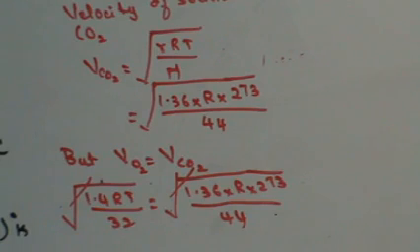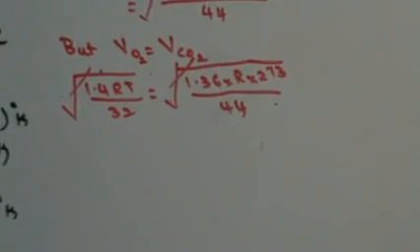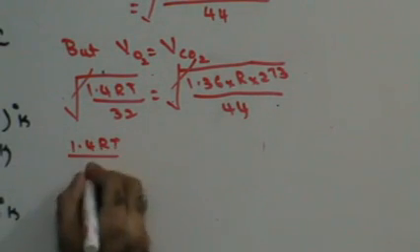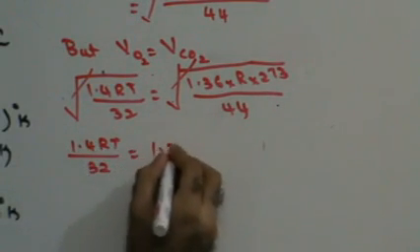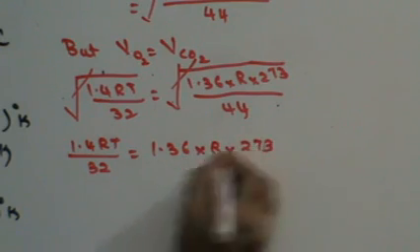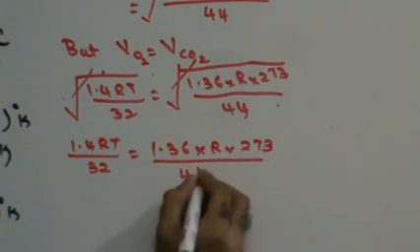The square root gets cancelled, so I have 1.4 RT upon 32 is 1.36 R into 273 upon 44.